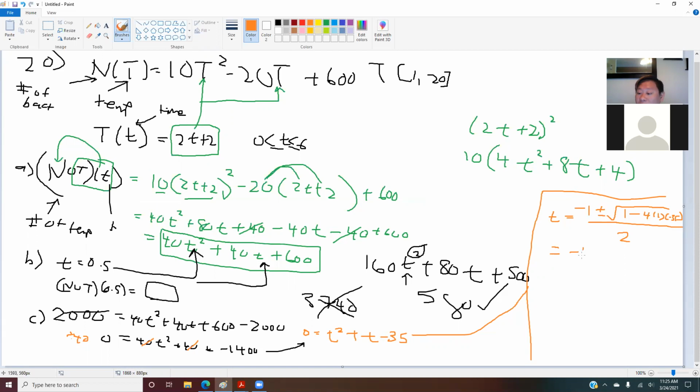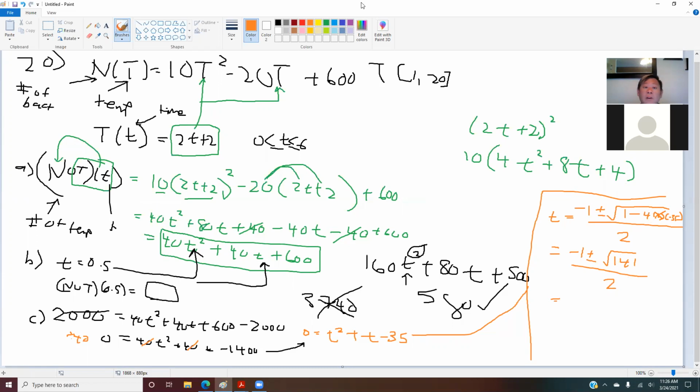So this will give me negative 1 plus minus square root of, you can drop the 1 because anything multiplied by 1 is the same. So 1 minus 4 times negative 35. That is 140, I believe. So 141, right? So 1 minus 4 times negative 35. That is 141 over 2.